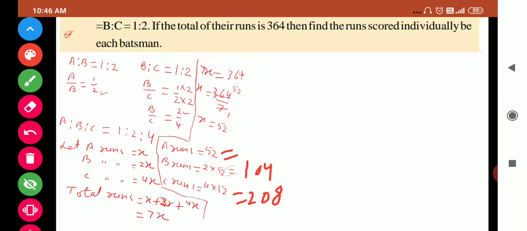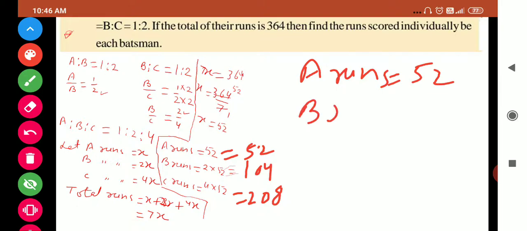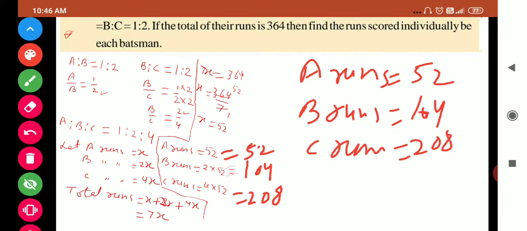So A's runs is equal to 52, B's runs 104, and C's runs is equal to 208. So that is your answer.